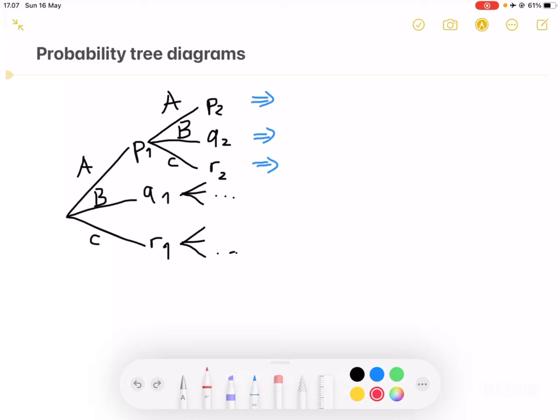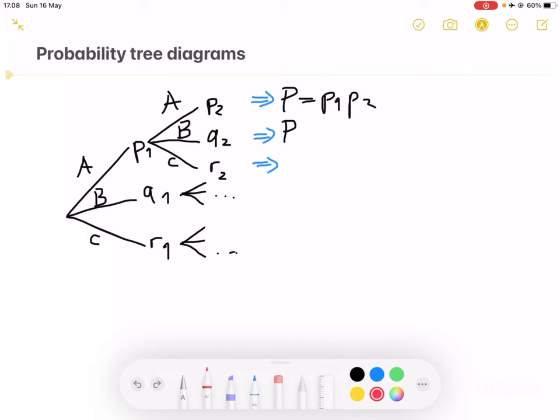It will be the product of the probabilities of the branches leading to the respective AND, which is right here. So in this case, our probability will be P1 times P2. Similarly, our probability here will be P1 times Q2, since it leads here.